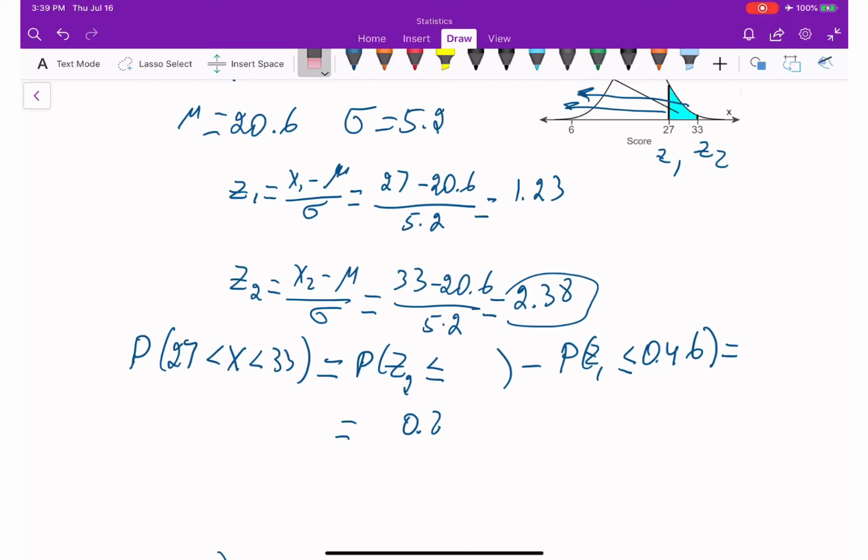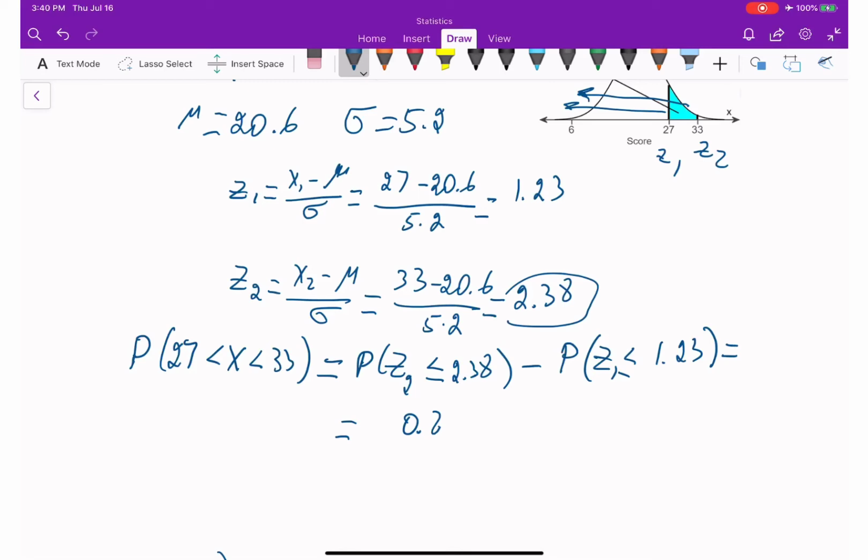Okay, so let me see. Z1 less equal 1.23. Z2 is less equal 2.38. Okay, now it feels much better.